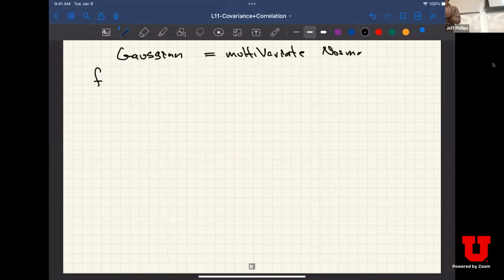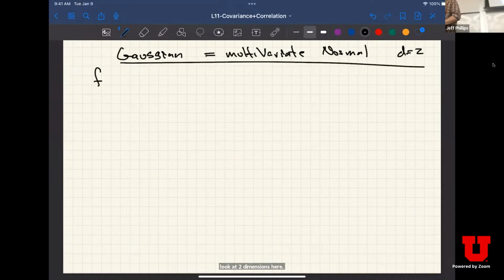In this case, we'll look at a bivariate one, where this can go to d dimensions, and we'll look at two dimensions here. Let me write down this equation, f of x, y, which turns out to be equal to, there's some normalization term, right?